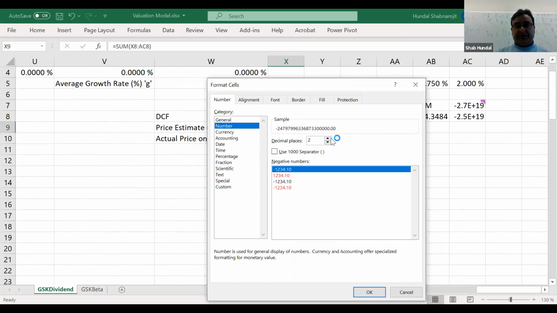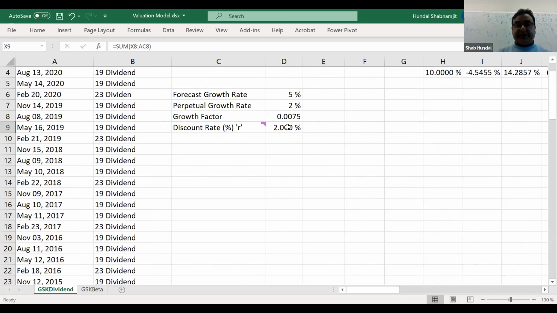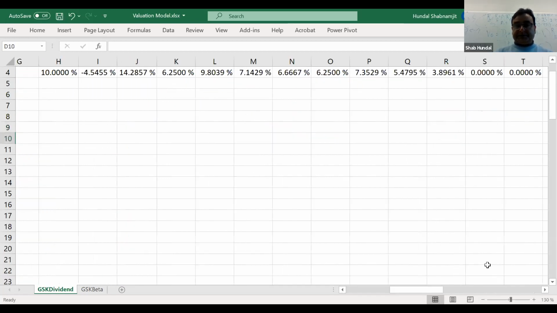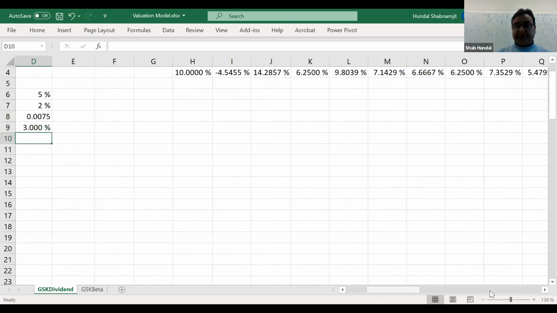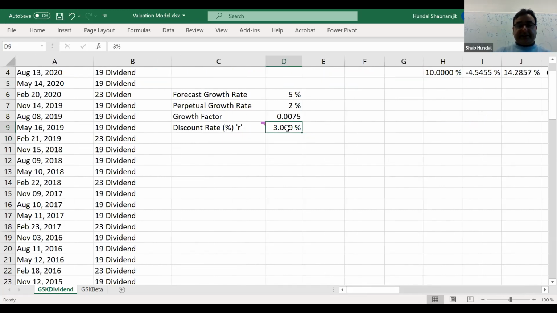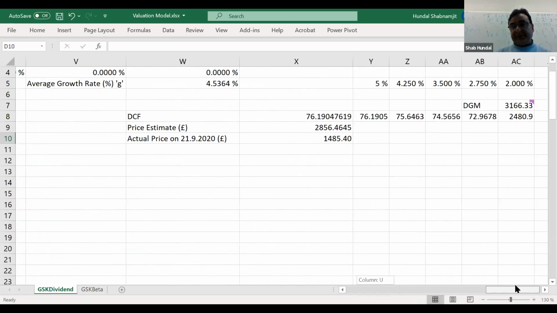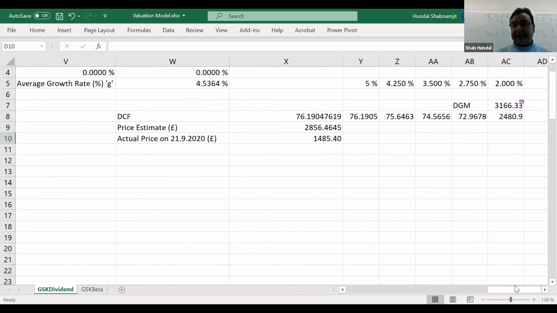So it's huge. It's not possible. And yeah, it's negative because the rate of discount is less. And if we have, for example, 3%, it will change the price estimate. And if we have a higher rate of discount, 5%, for example, it will still be overvalued, but more realistic.